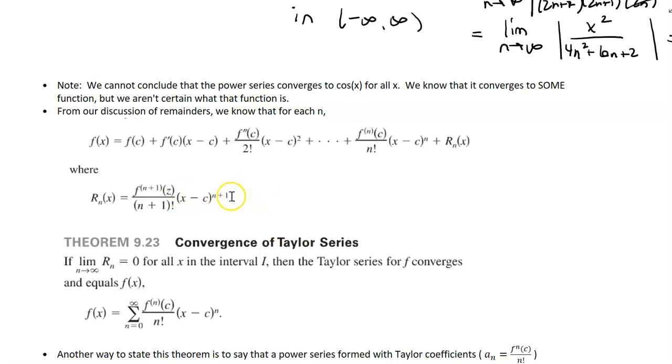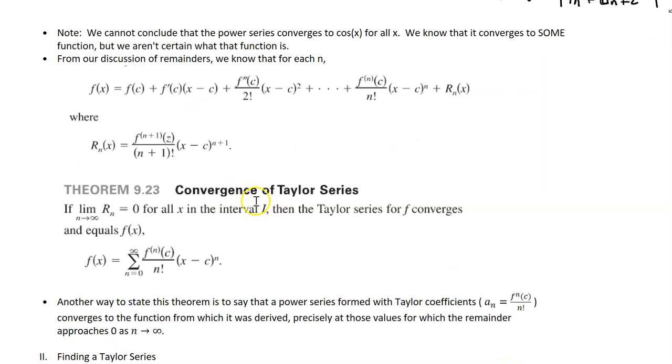So you have that portion of it as well. So if you figure this out, and if the limit as n approaches infinity of this r sub n term is equal to 0 for all x in the interval I, then the Taylor series for f converges and equals f of x.